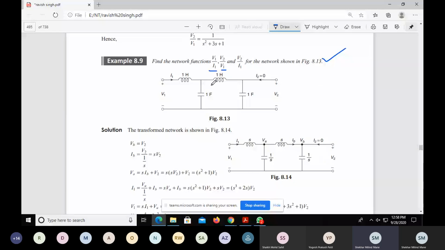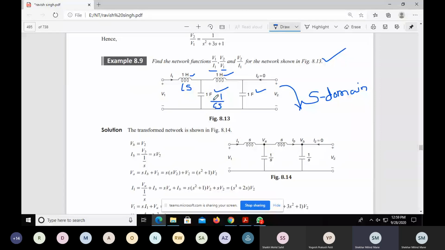Here, the component values are given in their units: 1 Henry, 1 Farad, like this. So first we have to convert this into the S domain. This will be LS, and this will be 1 upon CS.